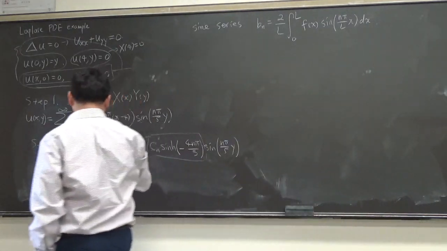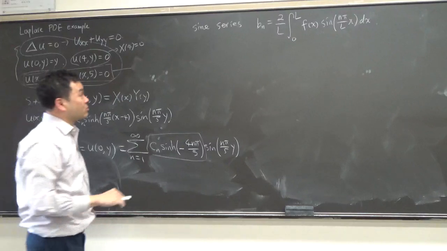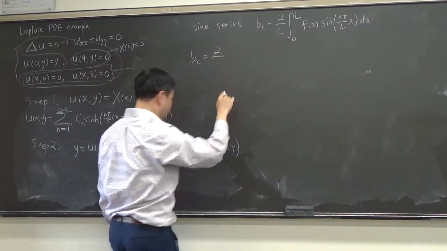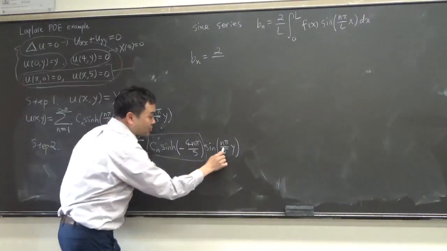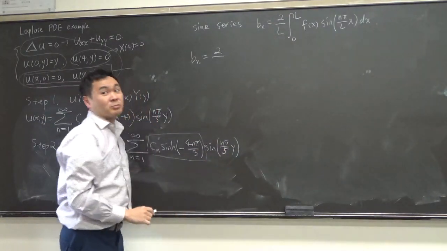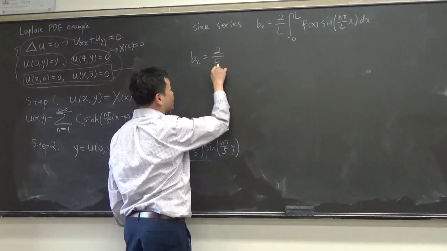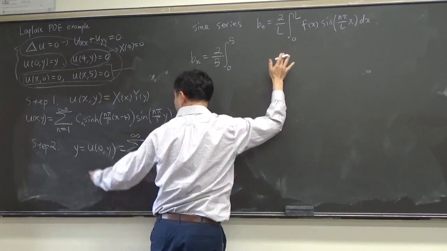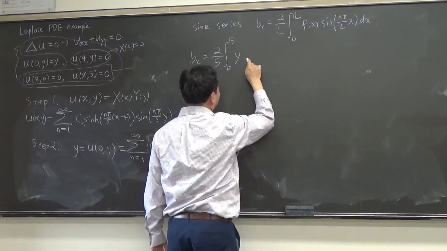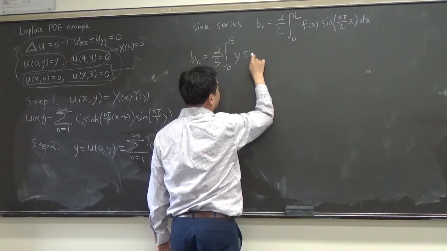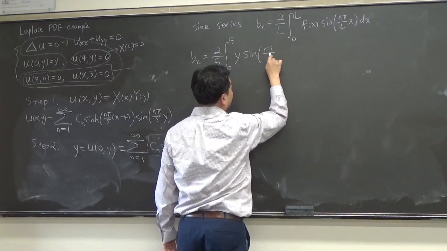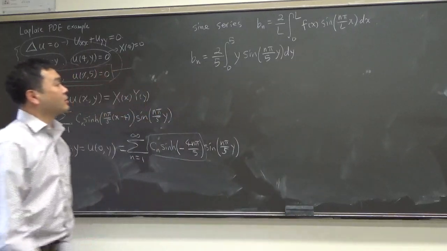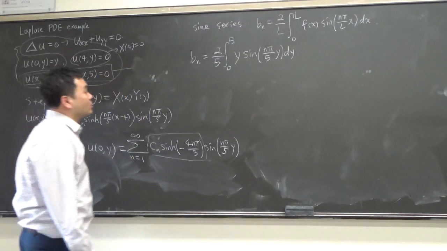In our case, since these are functions of y rather than x, we have B_n equals 2 over, since I see a 5 here in place of L, the L must be 5, integral from 0 to 5. It's f(y), and our f(y) is y, times sine(n pi over 5 y) dy. Okay, so that's what we have to compute.